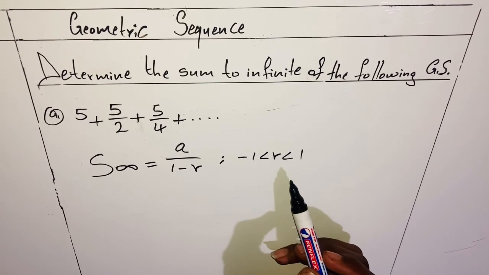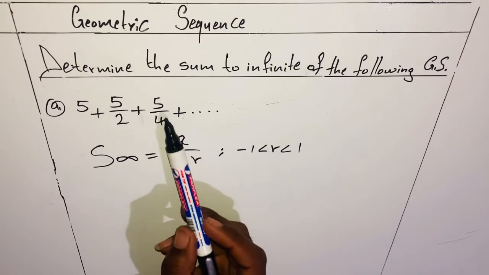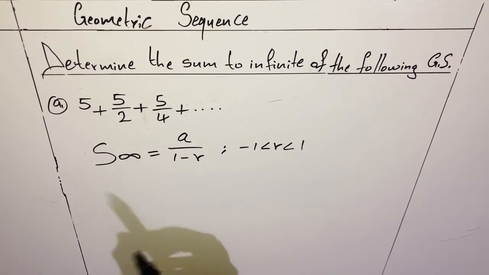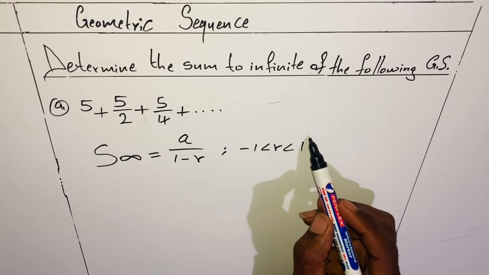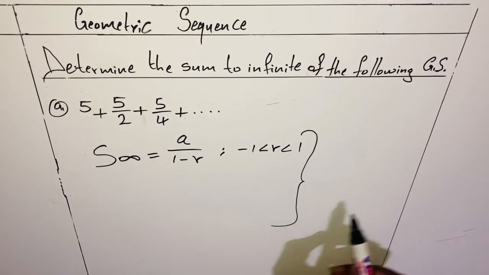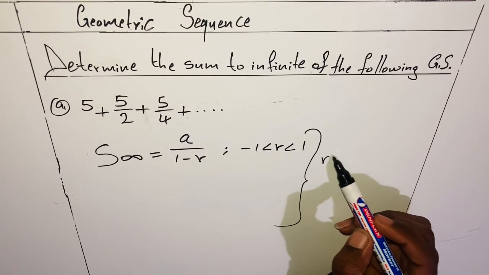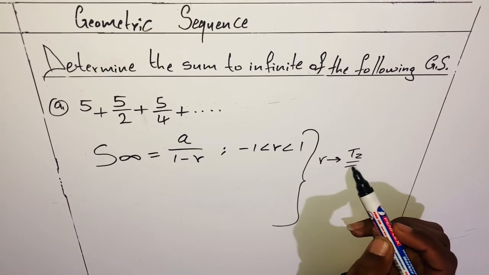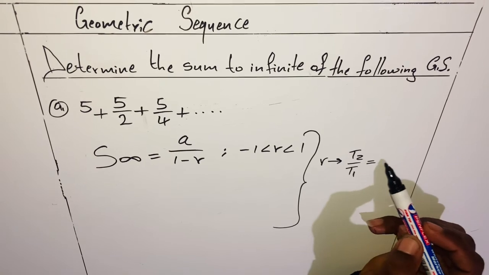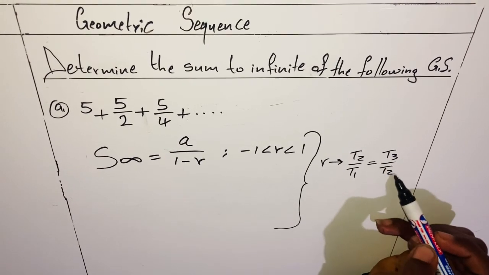So we are to use our given sequence now to find our common ratio. Let's just take it to the side, where our r is given by t2 all over t1 equals t3 all over t2.